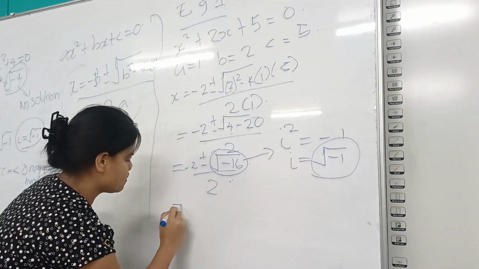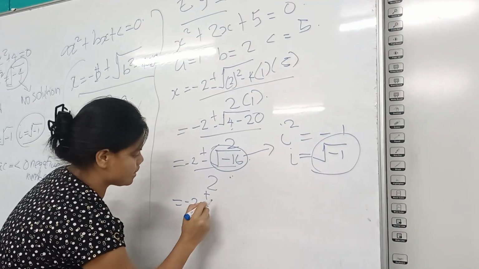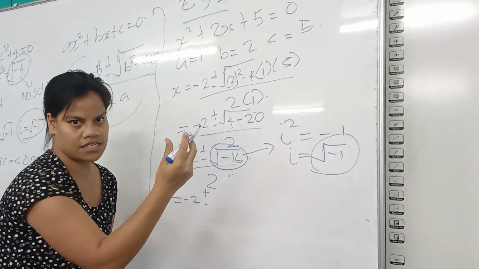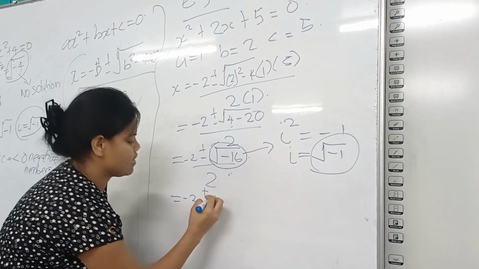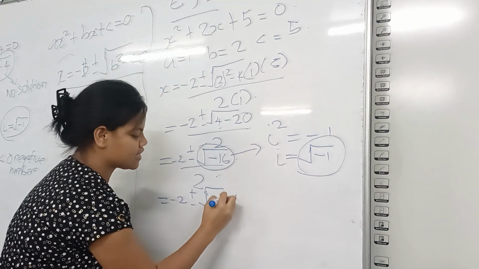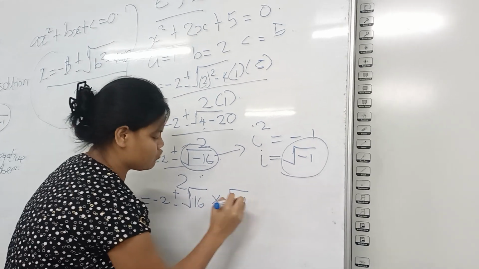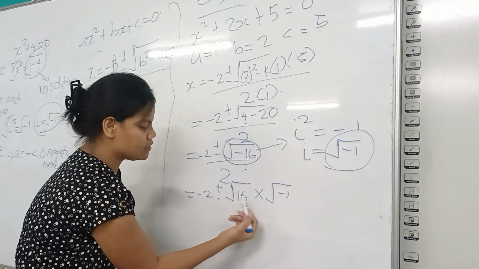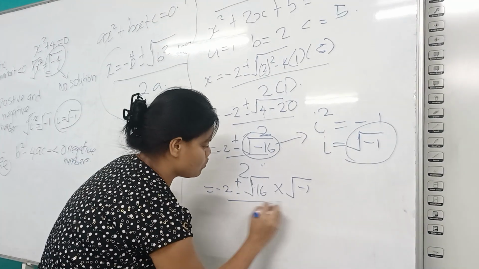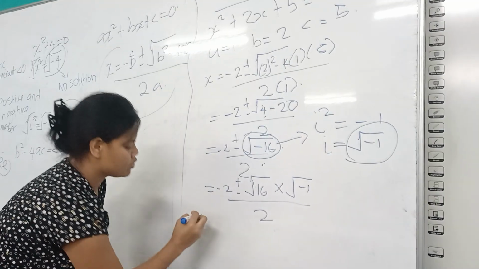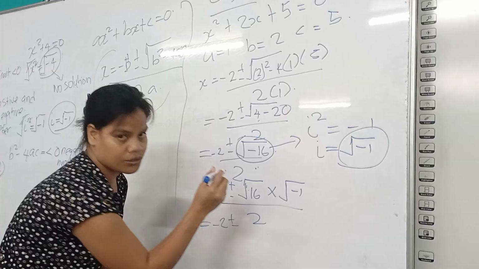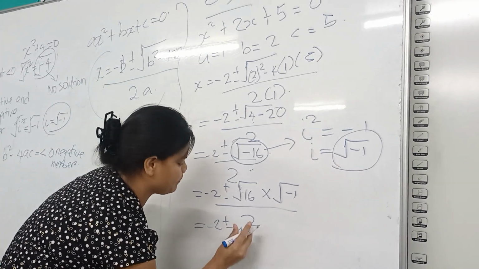So negative 2 plus or minus root of negative 16, so you separate it as 16 times negative 1, because when we multiply, it gives negative 16. Over 2. Root of 16 is 4.